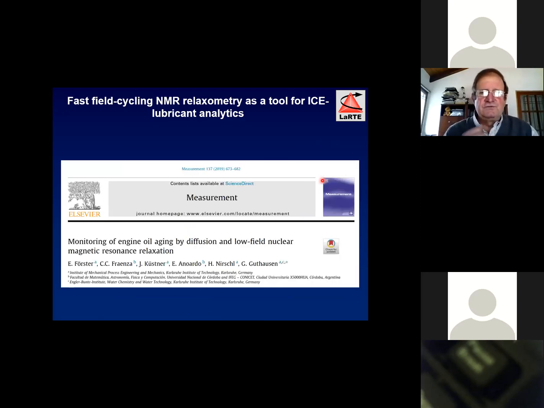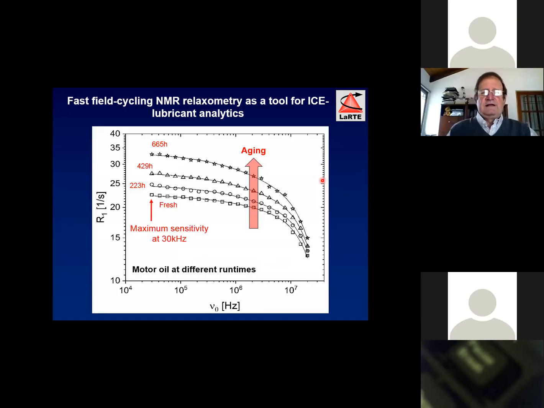So we started to collaborate with this group at the end of 2017. And we analyzed a lubricant, an engine oil that they had there in Germany.